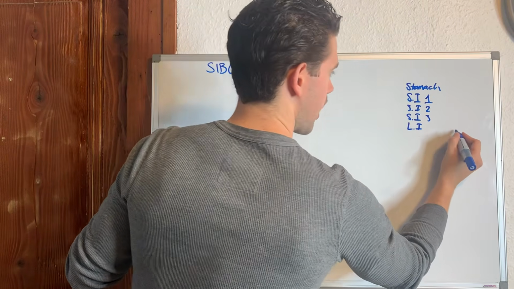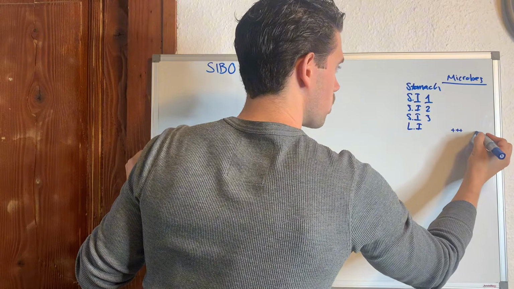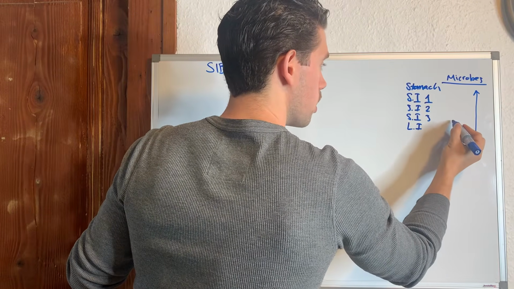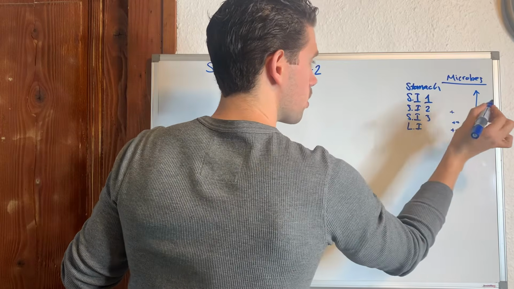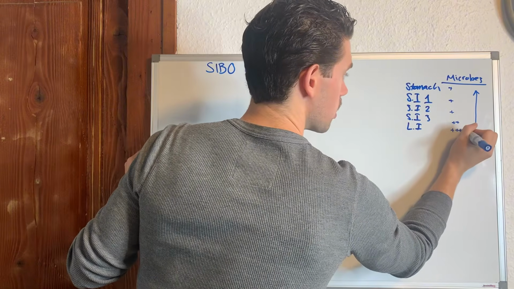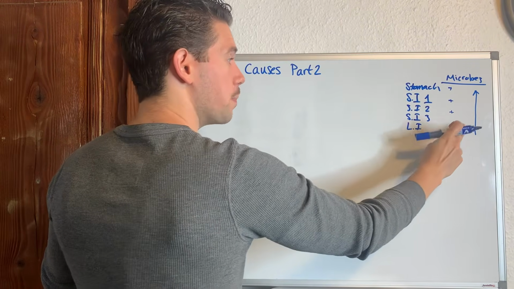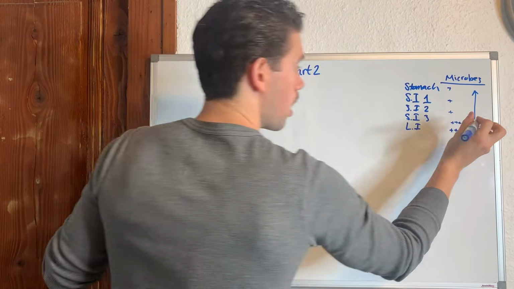Here is where you're going to have the most microbes, and there's going to be a gradient. There's going to be less the farther up you go. So here there would be a plus, and then a plus, and then a plus. But here, let's do 5, because it really is a lot. But then there is a gradient, and it does slow down.